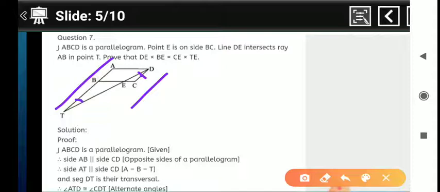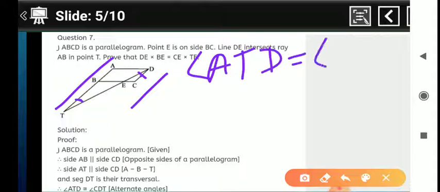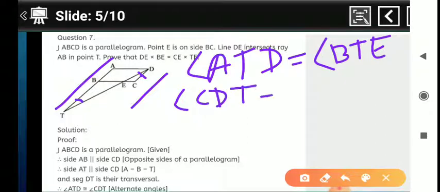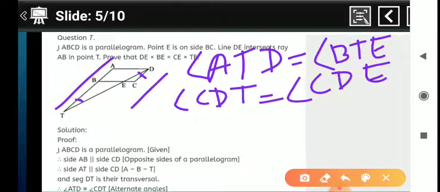Now angle ATD can also be written as angle BTE, because the points are collinear. And angle CDT is also equal to angle CDE, because D, E and T are collinear points.